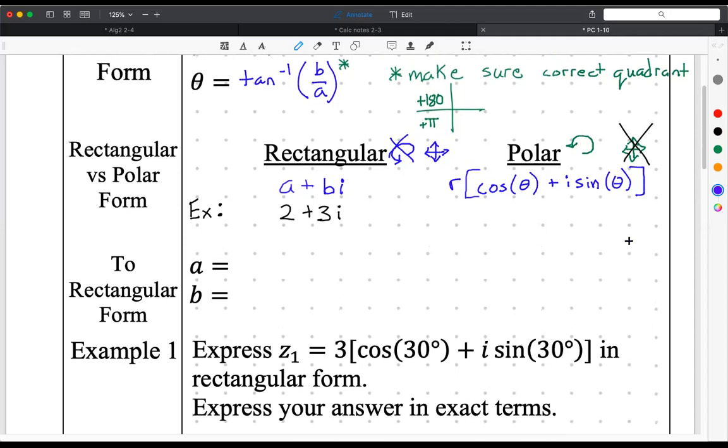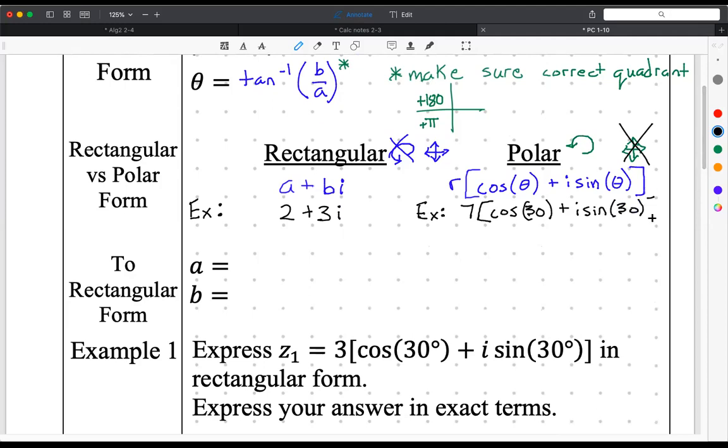As an example of what you might see for polar form, this is still my example column, you might see something like 7. And by the way, modulus is always positive. You'll never have a negative 7 here. 7 times cosine of 30 degrees plus i sine of 30 degrees. By the way, this argument is just repeated.